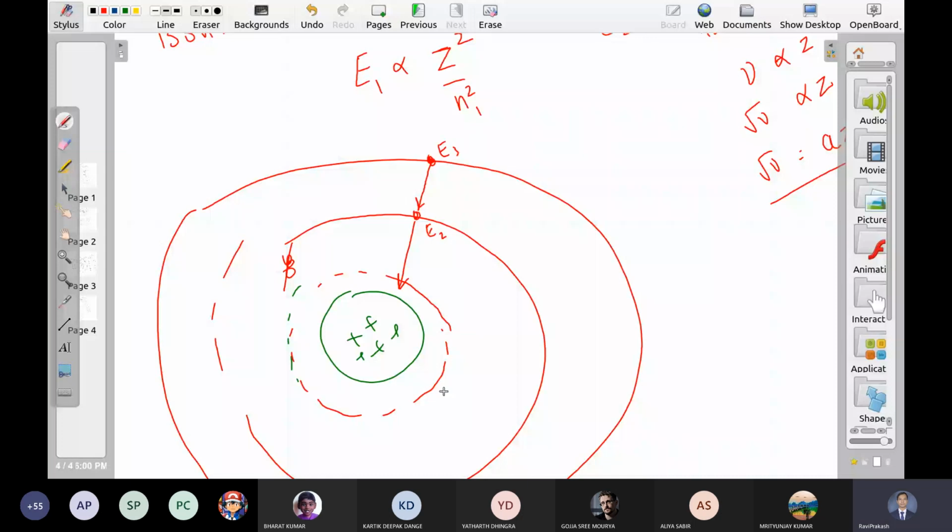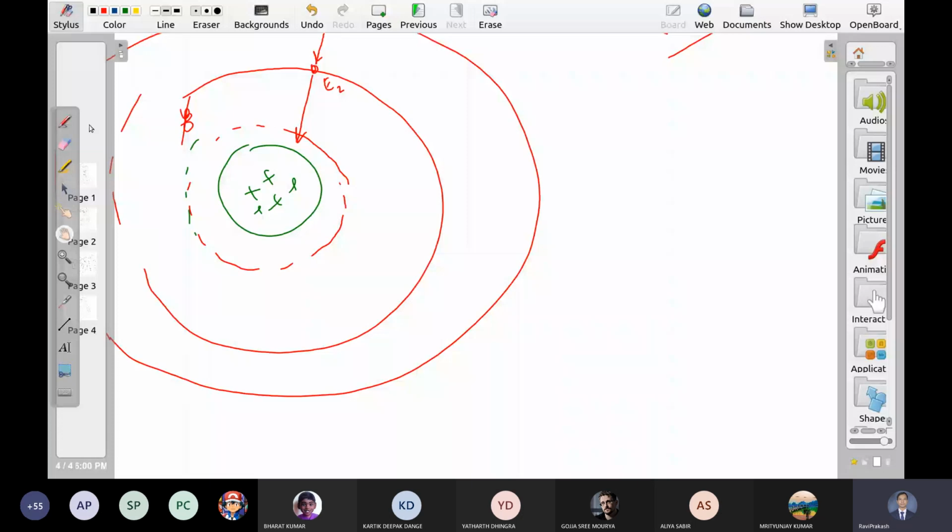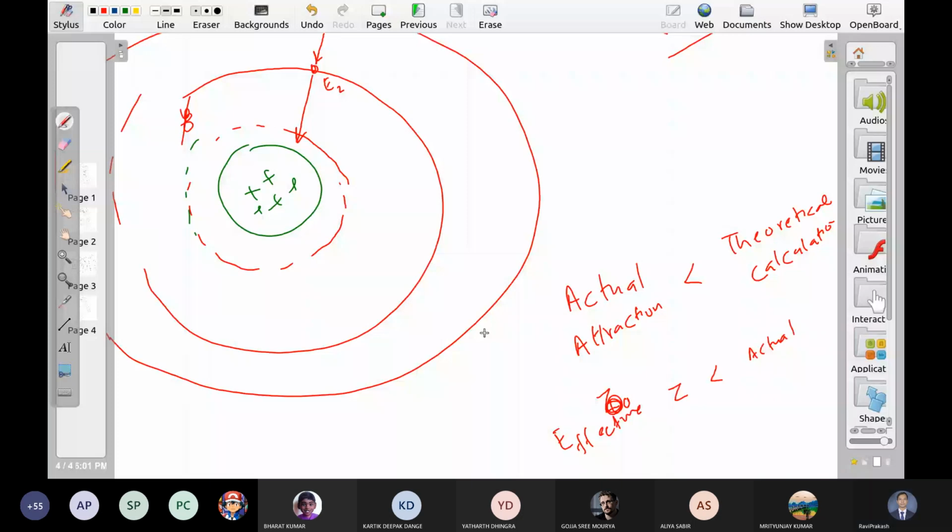So I can say that the effective attractive force is less than the theoretical value. In other words, the effective Z is less than the actual Z. You can also think that the effective number of positive charges attracting is less than the actual number, and that is why we have this b here.